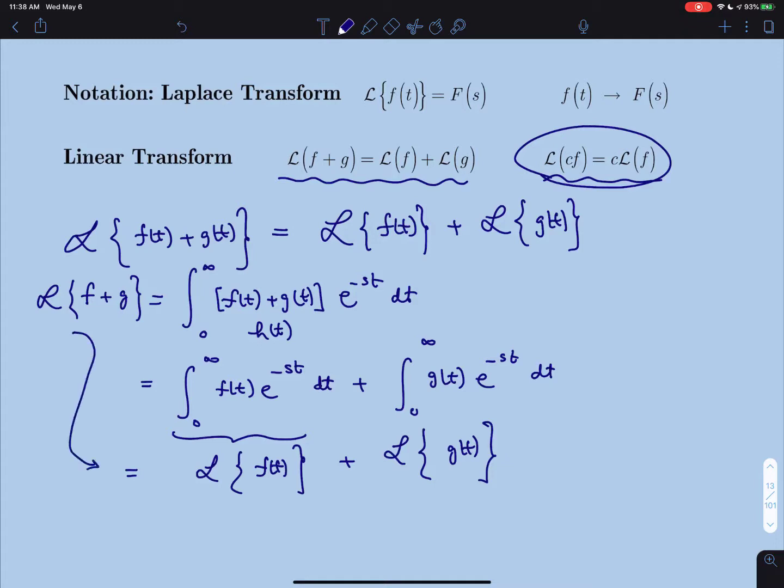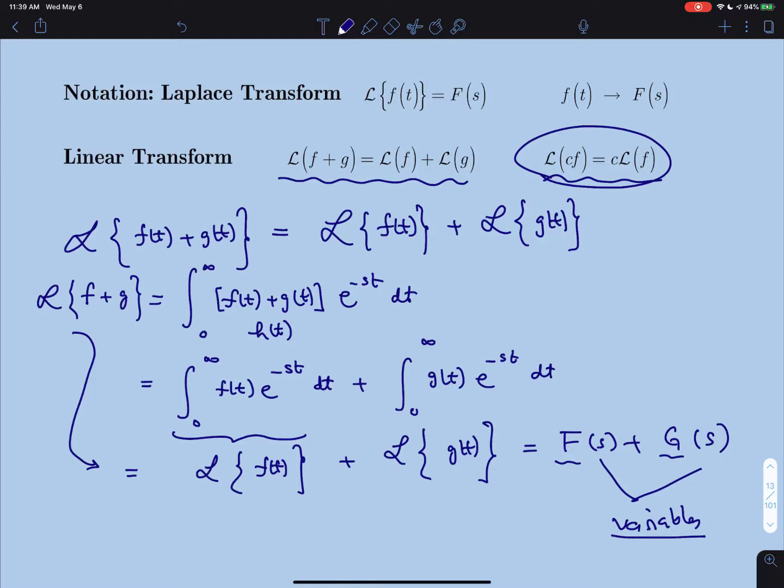So you notice that Laplace transform of f plus g is indeed Laplace transform of f plus Laplace transform of g, which you could write as F of s plus G of s. Two new functions and two new variables in terms of s, known as the frequency domain. So that's how you prove that Laplace transform is a linear operator.